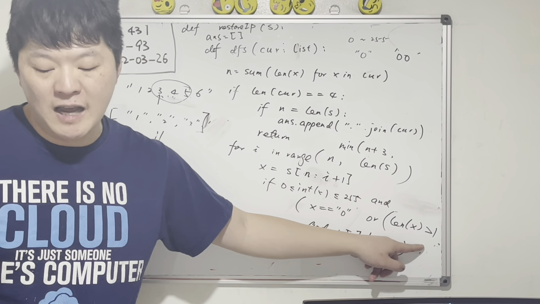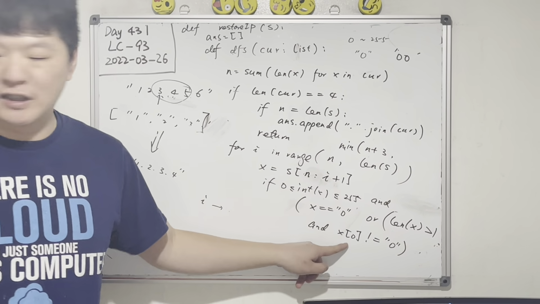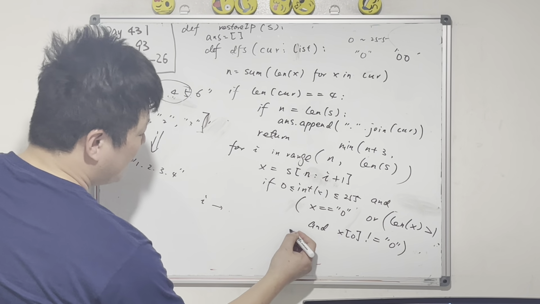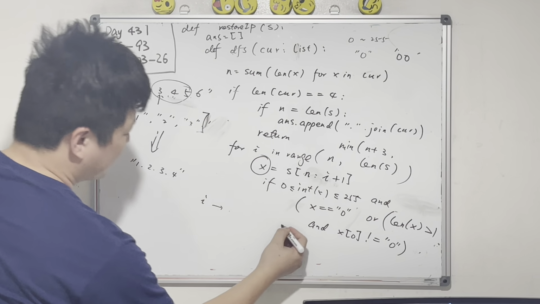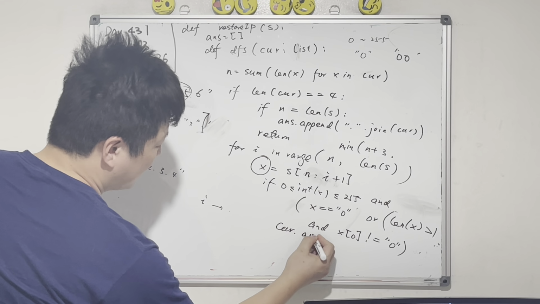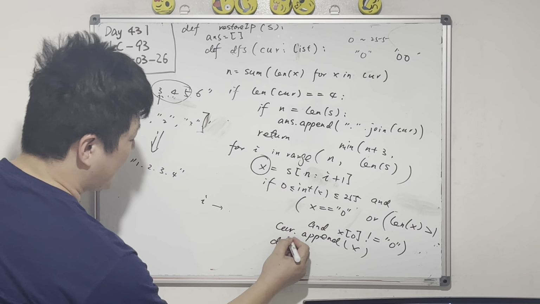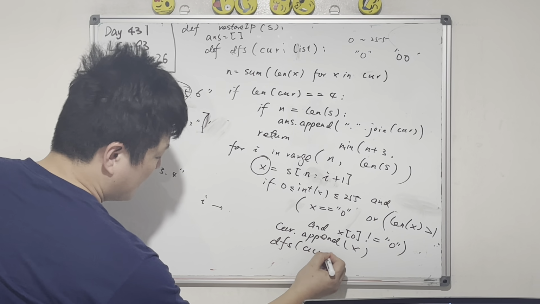Otherwise, if it has more than 1 digit, then the first digit can't be 0, right? Make sense? Then this is a valid part, so we do current.append(x), and then we do depth first search on current.